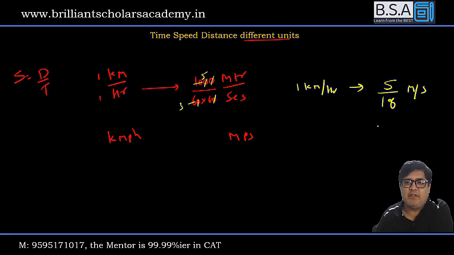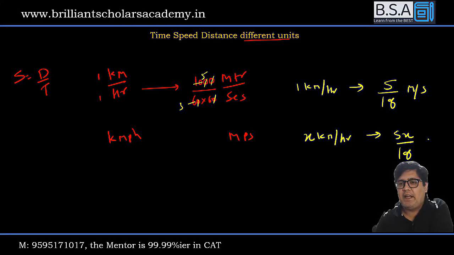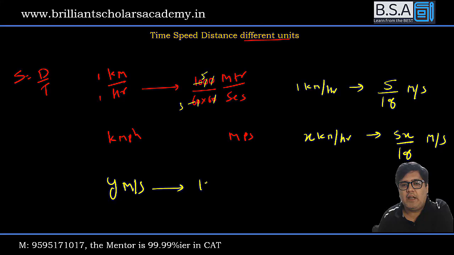That is the conversion factor. If you give me x kilometers per hour, I will need 5x by 18 meter per second. Reversal of this: if I give you y meter per second, you can convert 18y by 5 kilometers per hour.